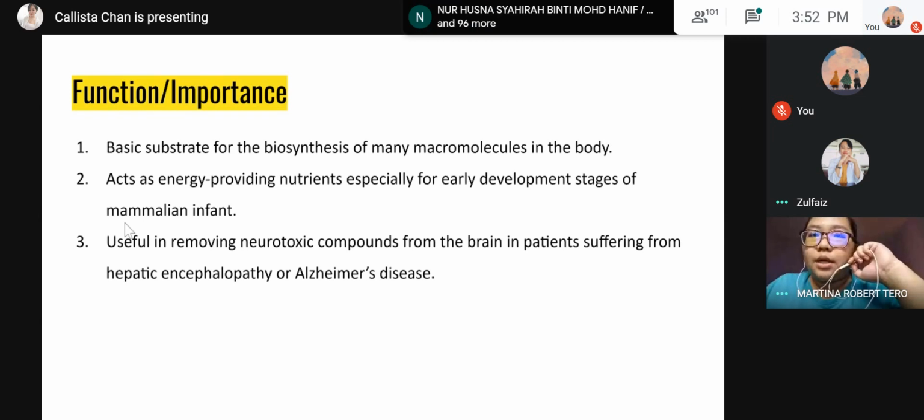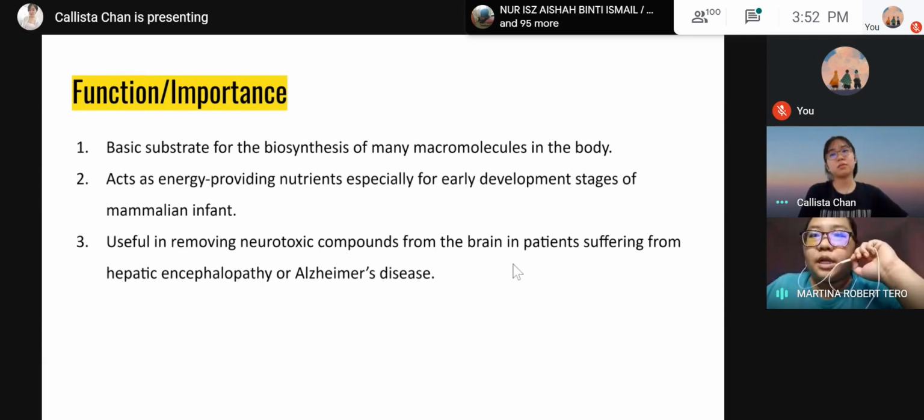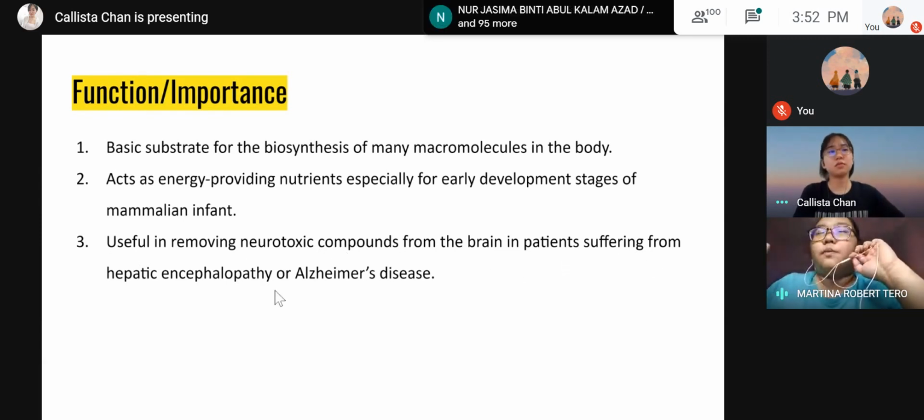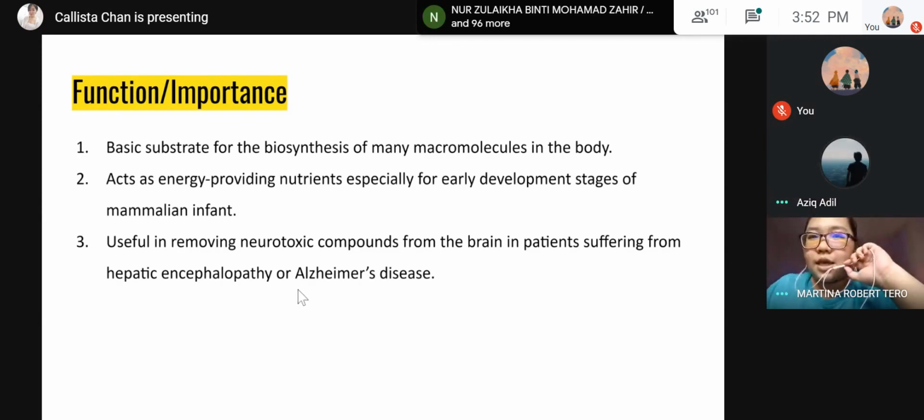And then the third one is galactose is useful in removing neurotoxic compounds from the brain in patients suffering from Alzheimer disease. Alzheimer disease is something that we call penyakit nyanyok that usually happens in old people. Okay, next.